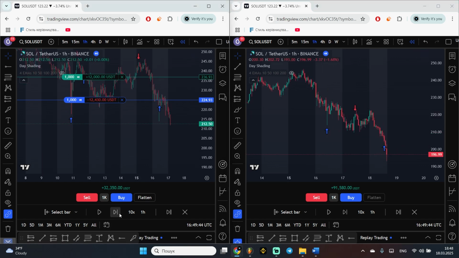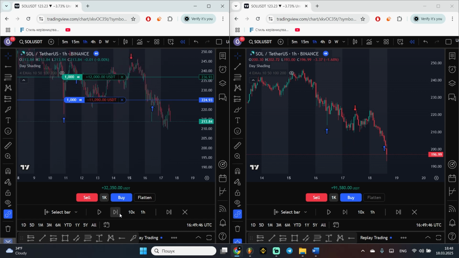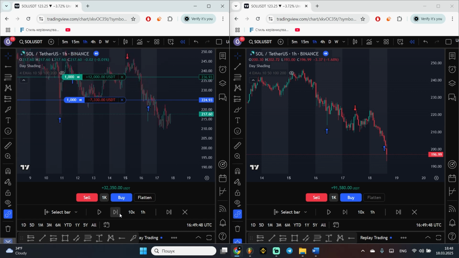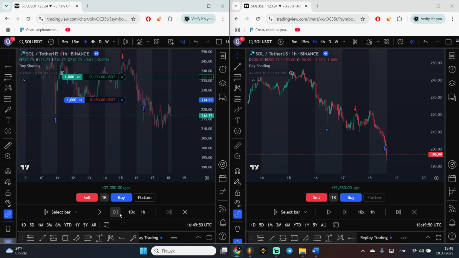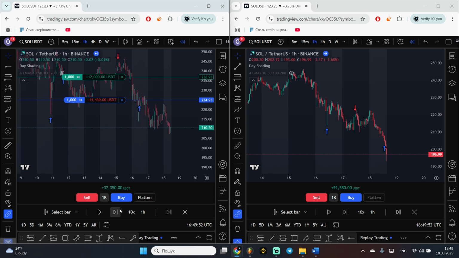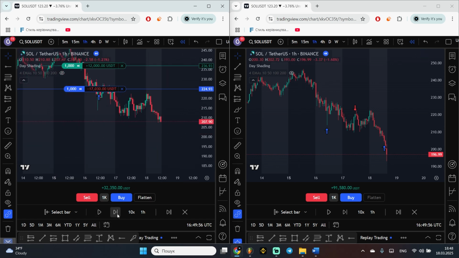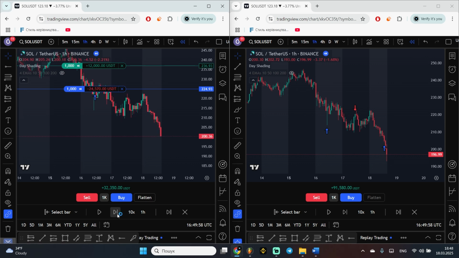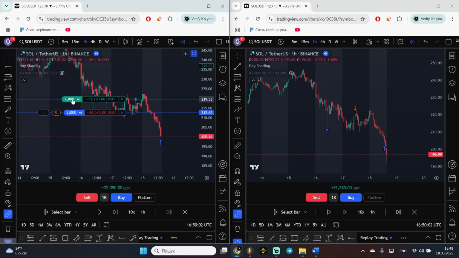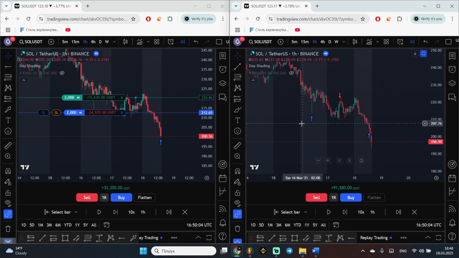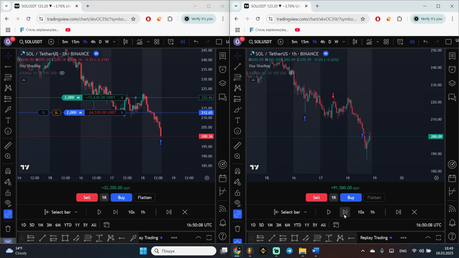Okay. Averaging out. Also relocating take profit. Let's wait for the pullback.